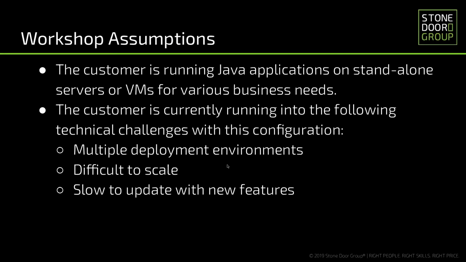Another challenge is slow updates with new features. So in the standard sort of lifecycle, ITSM sort of lifecycle management for software, you are going to have to go through various checks and balances. You might have several release managers and so on.